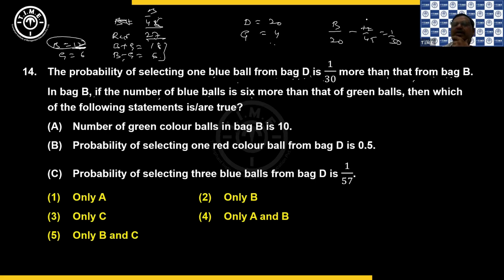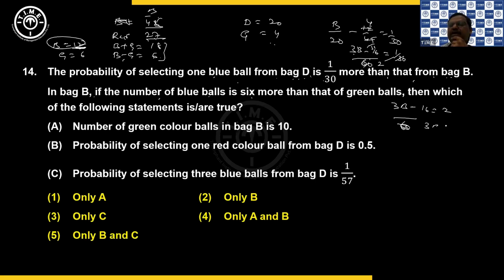You can see students, 3 fours, 3 15s. 20, 15, if you find the LCM, it is 60. So 3B minus 16 equals 1 by 30 means you can see 2, so 3B minus 16 equals 2, this 2 goes to the other side.